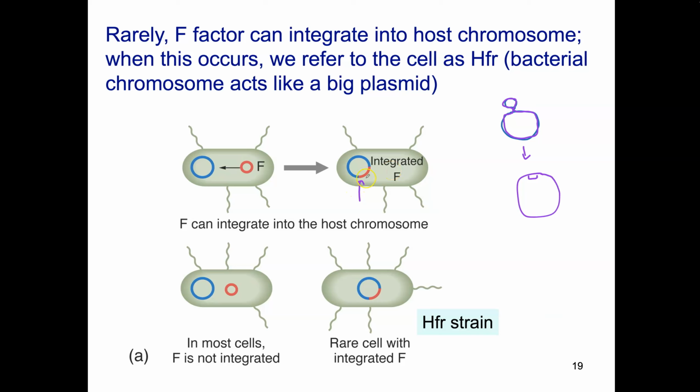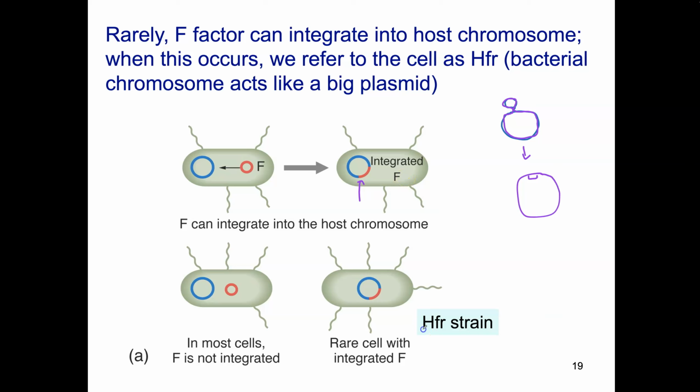But what happens now is that this factor, which promotes its own replication and transfer into a recipient cell, is now part of a really huge circle of DNA, and that whole entire chromosome acts like a gigantic F factor.